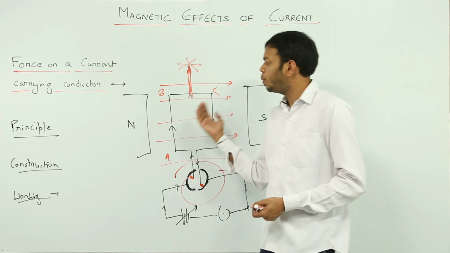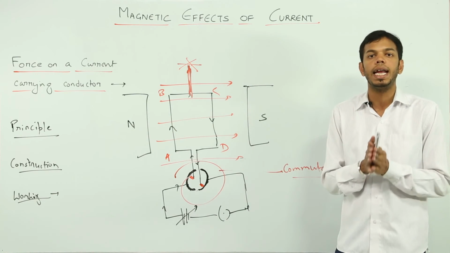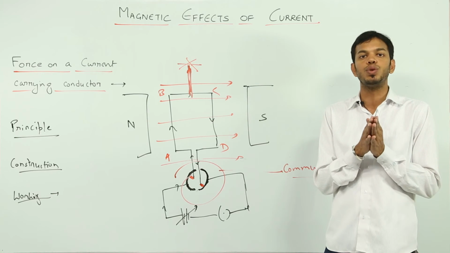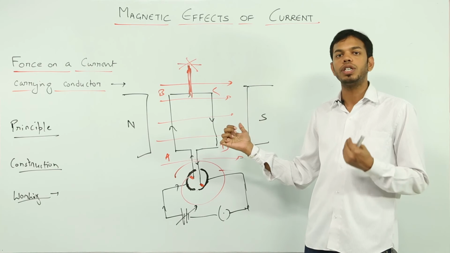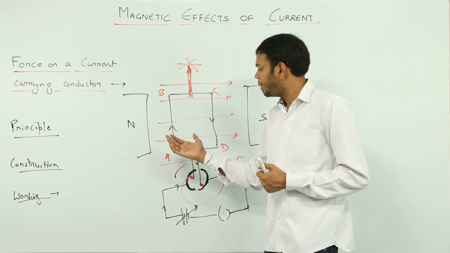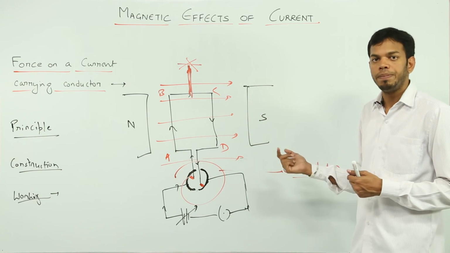Hence this loop is under the action of two equal and anti-parallel forces, due to which they constitute a couple, and the moment of force is given by torque. So this torque makes this rotation possible.